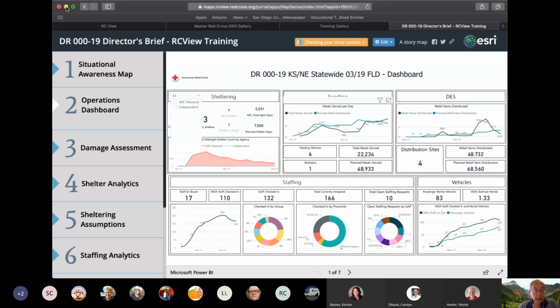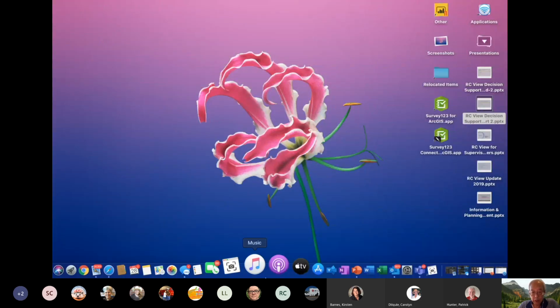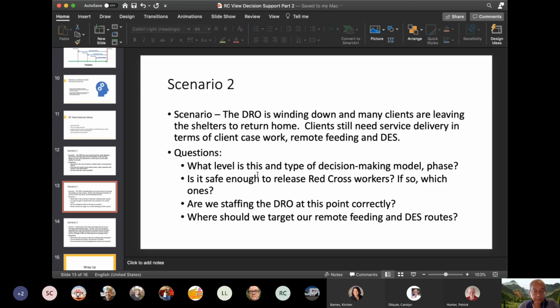Let's go back and see what the questions say. What level is this in the type of decision-making model? Let's just throw it out. Can someone, by typing into your chat box, and I'll have Kirsten monitor the chat, how many of you think this was a strategic decision-making, or was this tactical?